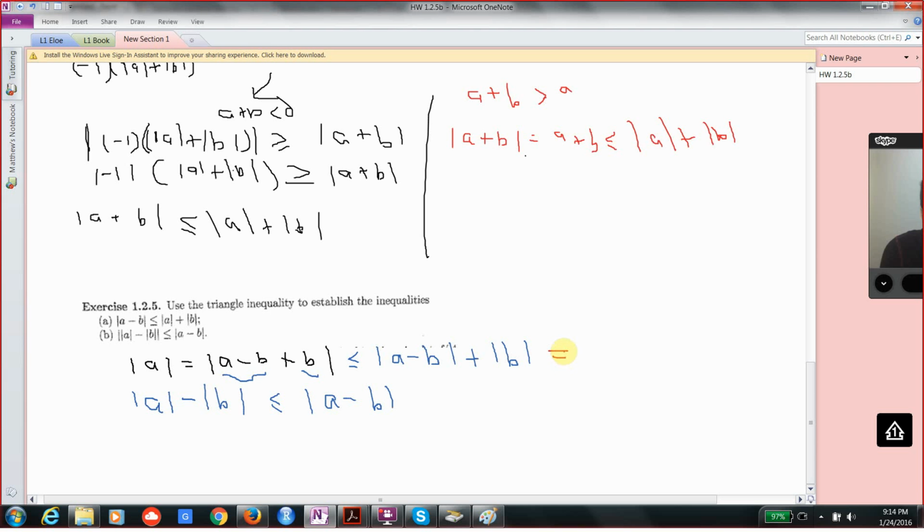At the end of the first step, I have shown that the absolute value of A is less than or equal to the absolute value of A minus B plus the absolute value of B. So now I'm just going to subtract the absolute value of B from both sides, and I get this.